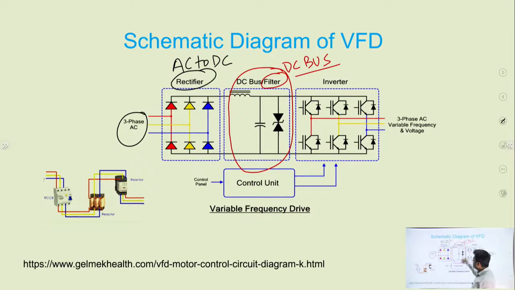This is the DC bus, which works as a filter to convert into a constant DC supply. And this is the main important part: how the DC bus is kept constant, how the DC bus will be regulated, and this DC supply is fed through the DC bus to the inverter circuit.